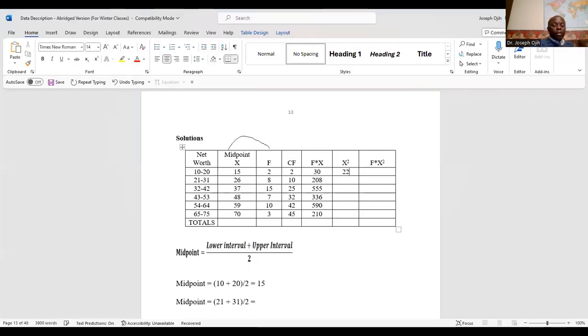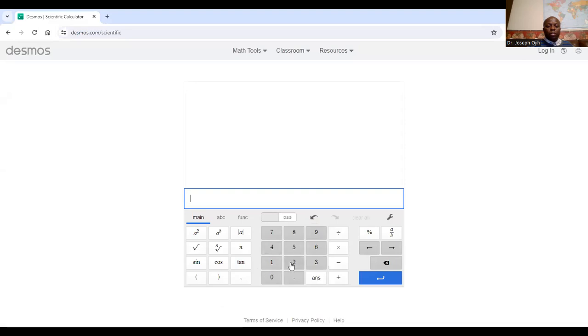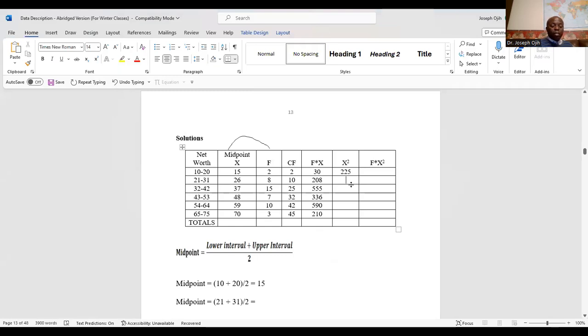And 26 squared. You look here and say 26 squared, 676. So we go and type in 676. Following that method, we type the rest: 1369.